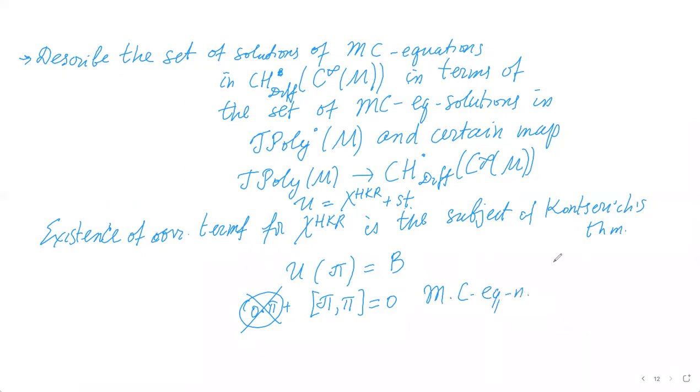So if we eventually can construct these correction terms and this map U, which is called the Kontsevich formality map, or Kontsevich formality morphism, then we can just apply this formality morphism to pi, and we will automatically get a solution to the Maurer-Cartan equation that we seek.